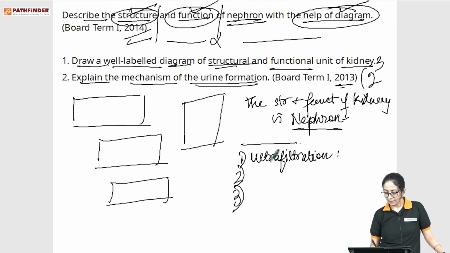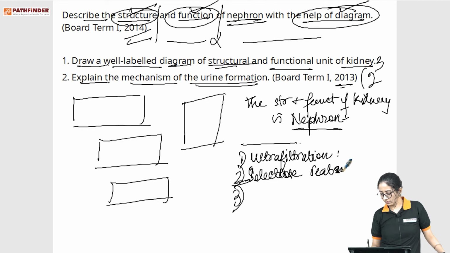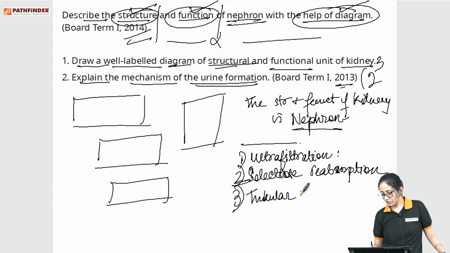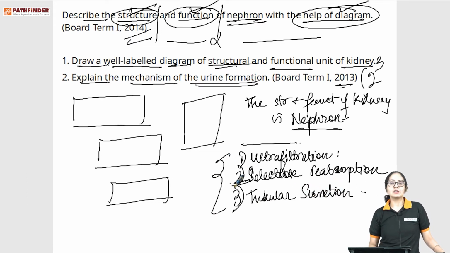And then the second part, the second mechanism will be selective reabsorption, and then tubular secretion, right? Now what is important is you write these 3 points, okay? You go through these 3 points, you write a few lines on these. Approach should be like this, alright? Then your answer is complete.